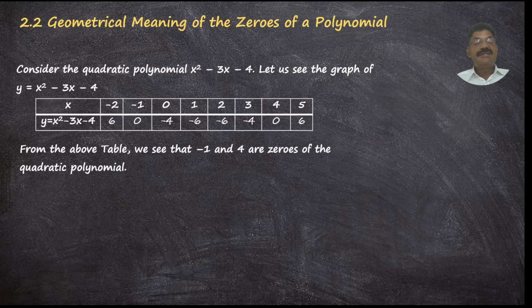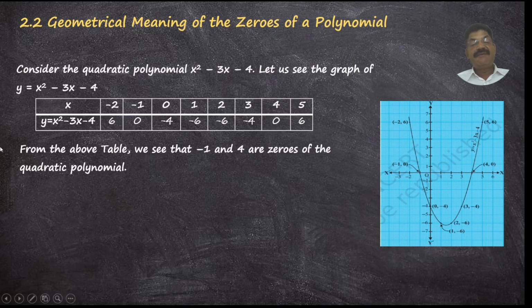But from the above table, you can see when x is equal to minus 1, y becomes 0. When x is equal to 4, y becomes 0. That means minus 1 and 4 are zeros of the polynomial x square minus 3x minus 4.